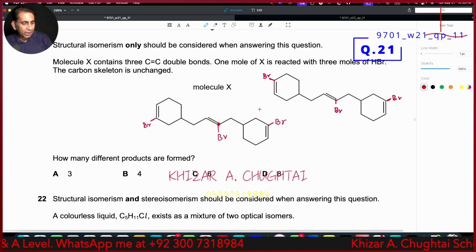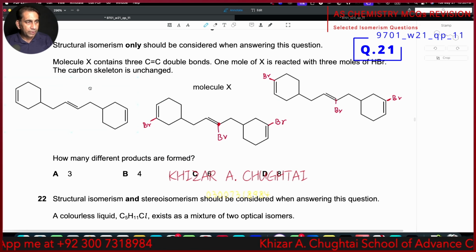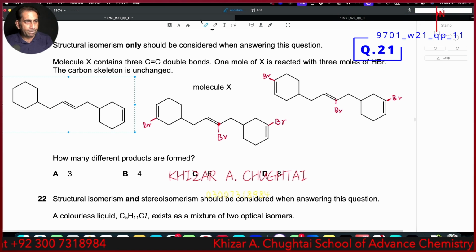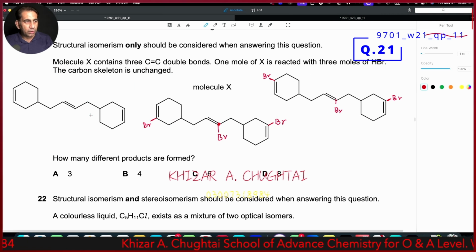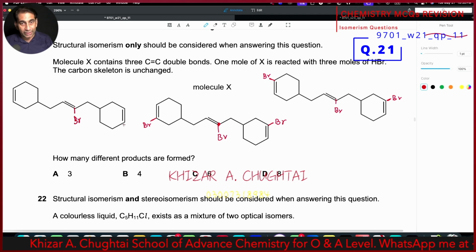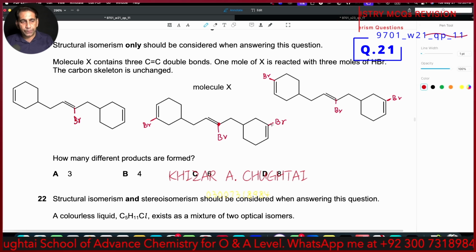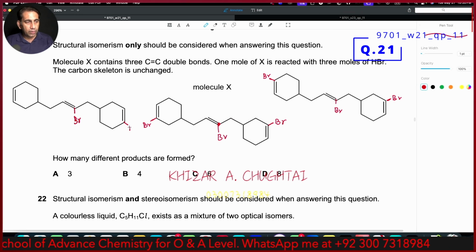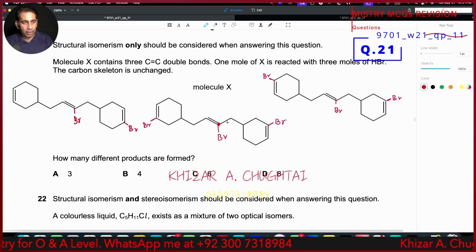How to draw the next one? Here it is, for example. Once again, keeping this one Br over here, and this time I'm going to change the position of the other Br.